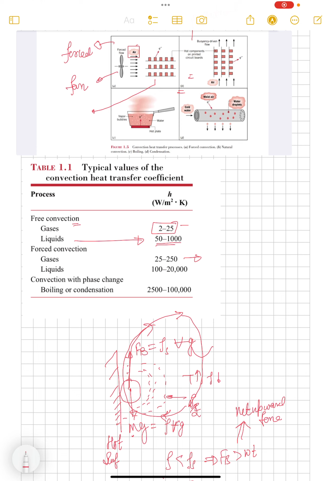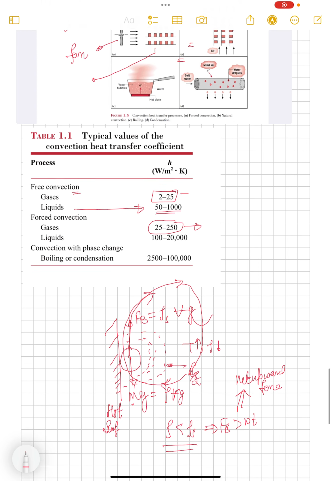It is quite obvious that if we put hot coffee in a stagnant room, it will not cool. But if we blow air over the coffee, it will cool soon, right? This is because the heat transfer coefficient value is higher for forced convection of gases.